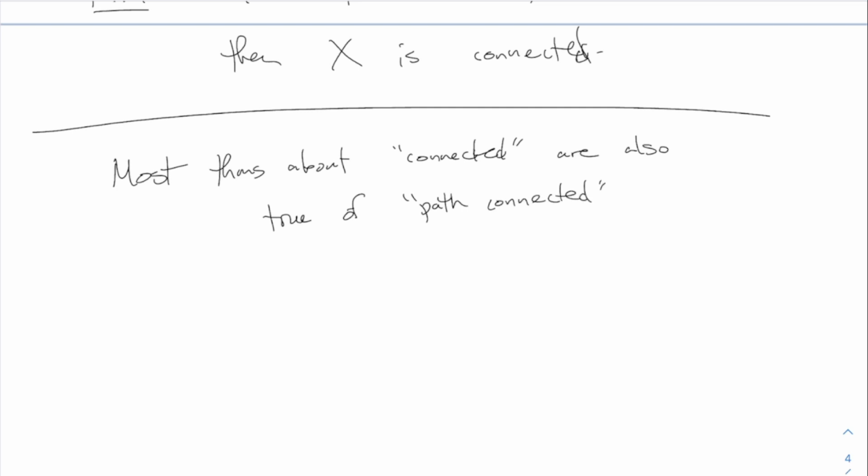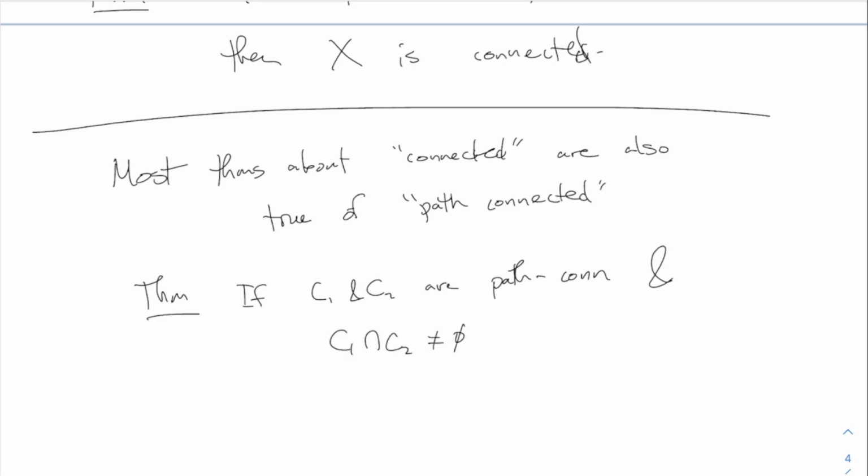For example, this is a true fact. If C1 and C2 are path connected and C1 intersect C2 is not empty, then C1 union C2 is path connected. We had the same theorem for connecteds. It's also true for path connecteds.